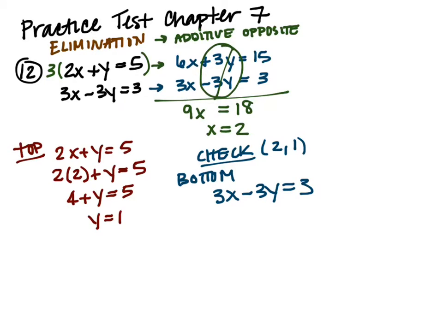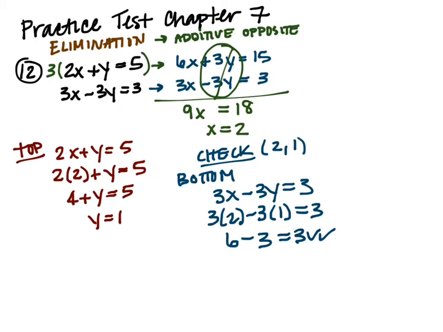So where I see the x, I'm going to place a 2, and where I see the y, I'm going to place a 1. Three times 2 minus 3 times 1 equals 3. 3 times 2 is 6, minus 3, in fact, does equal 3.